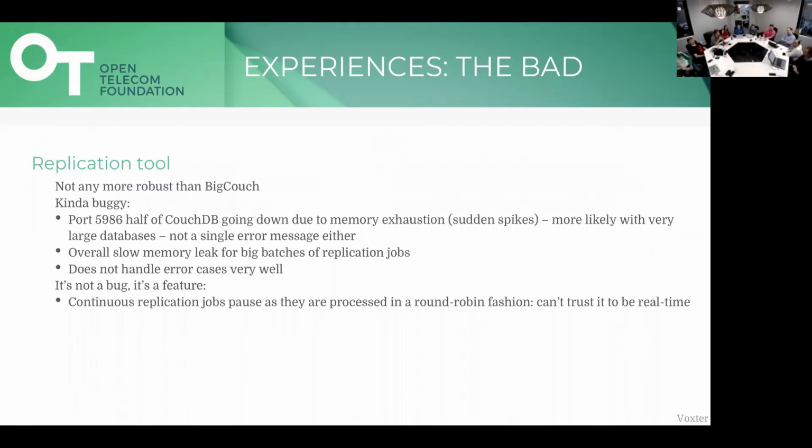Also, the replication tool doesn't handle error cases very well. For example, I'm trying to repair some databases. I have a slide about how we got into that situation. And if the shard file database on one of the servers doesn't exist and you try to replicate there, but the file exists on disk, it doesn't know to just create the DB shard file and then let you finish replicating to that database.